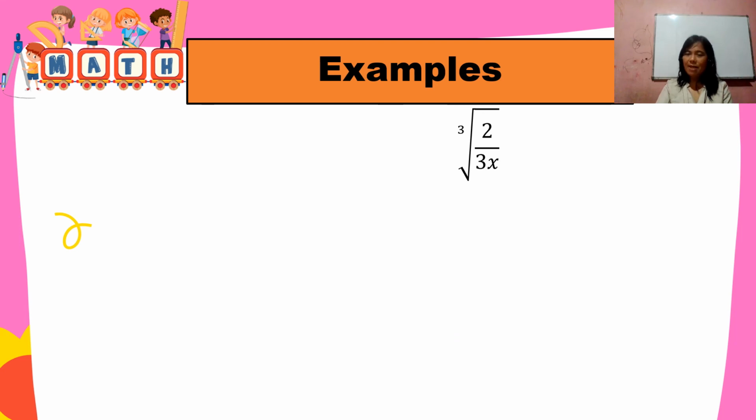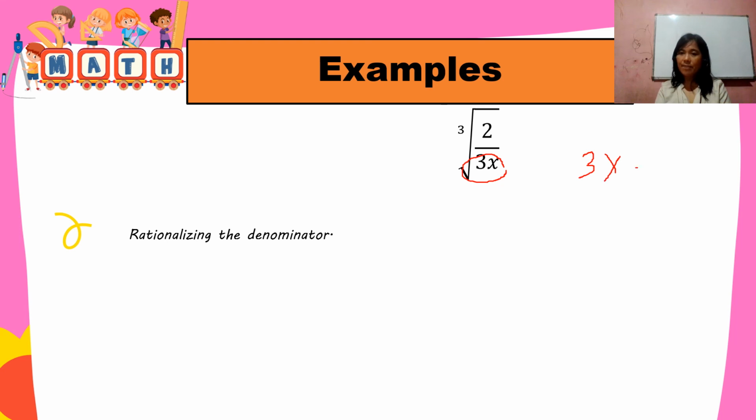Ito naman, paano pag cube root? How do we eliminate the denominator kung cube root? Same yung process, rationalization din. Kaso lang, hindi pwedeng yung i-multiply mo is ito lang. Kasi pag nag-multiply ka, say, 3x, kasi focus natin denominator ha, times 3x.